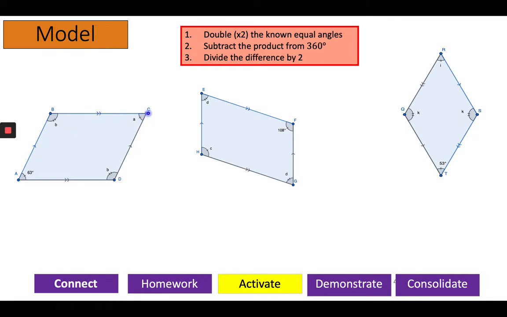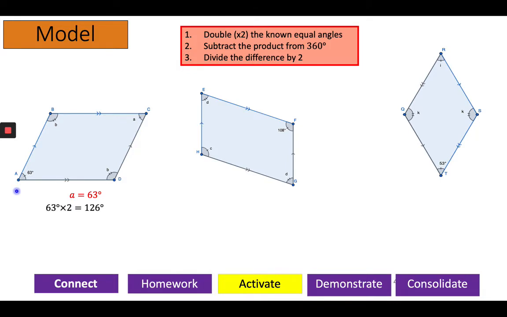To find the missing angles in a parallelogram, we have to first double our known angle, then subtract that product from 360 degrees, then divide the difference by 2. So our first parallelogram here, our angle A is equal to this angle here, so we know angle A is 63 degrees. We then double that angle because we have two of them, and we get 126 degrees.